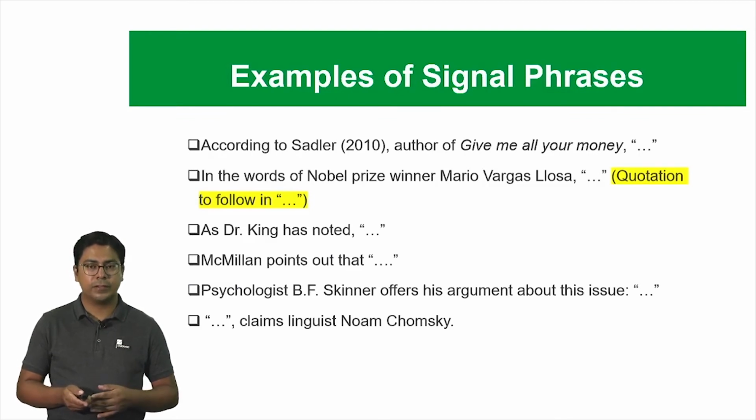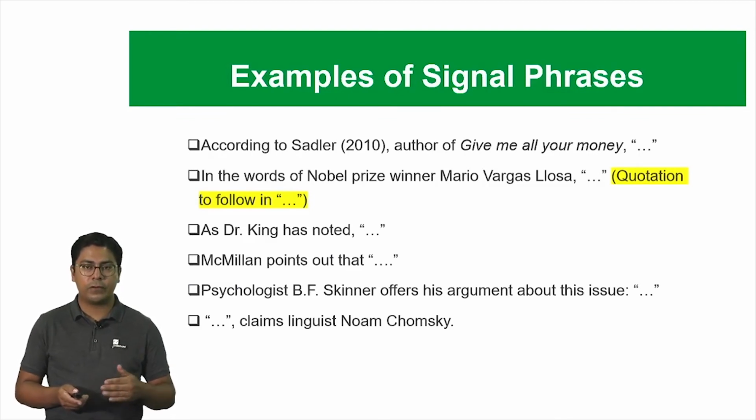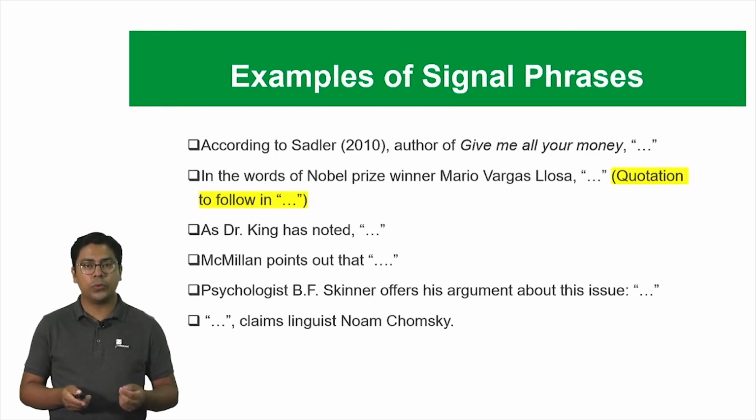These are some examples of signal phrases that you can use to show variety in your paper. According to Sadler, and then you use the year of publication between parentheses, or you can say something like, "in the words of Nobel Prize winner," and then you mention the name of the person, and then you follow it with a quote, or "as Dr. King has noted," "Macmillan points out," "psychologist B.F. Skinner offers his argument," or you can have first a quote and then follow it by a phrase like "claims linguist Noam Chomsky."